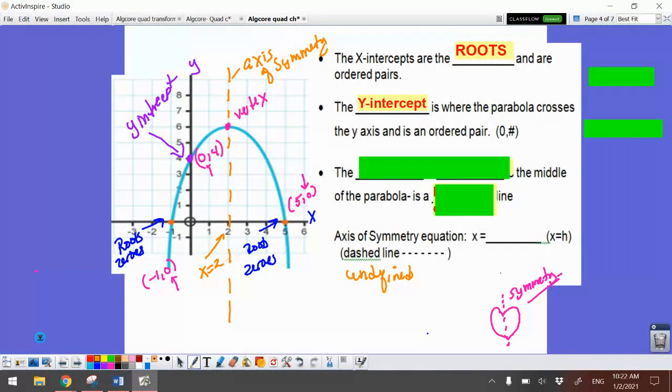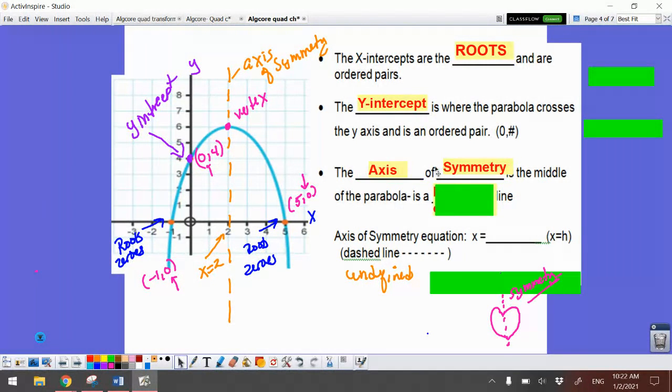Now notice that the line is open. This is an open or a dashed line because it's kind of an invisible line. It's an invisible boundary that is inside of our parabola. So again, that's called the axis of symmetry, and it is a dashed or open line.